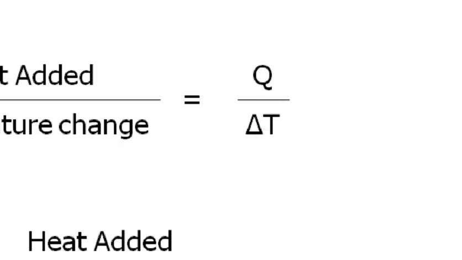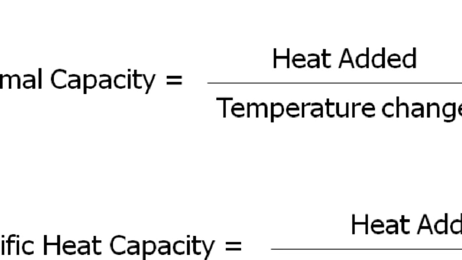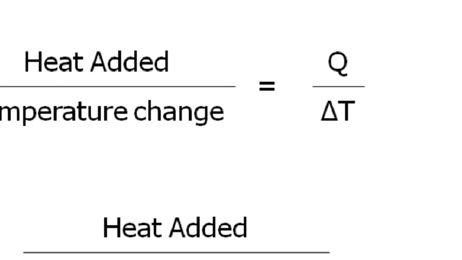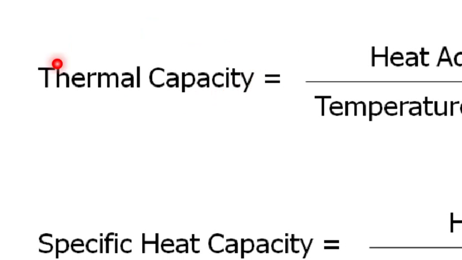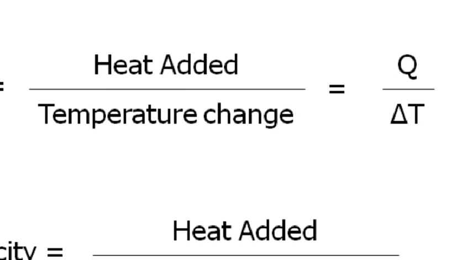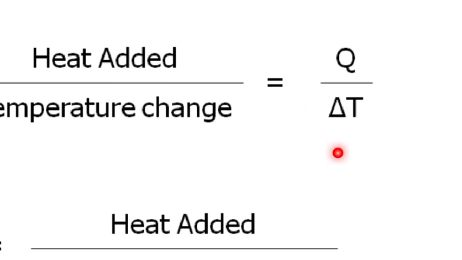And delta T, where delta refers to change and T, capital T, is temperature, so change in temperature. We don't really have a symbol to represent thermal capacity. I suppose you could use a capital C or something like that, but we're not going to do problems with this often enough to really need an abbreviation. So that's it: Q divided by delta T.